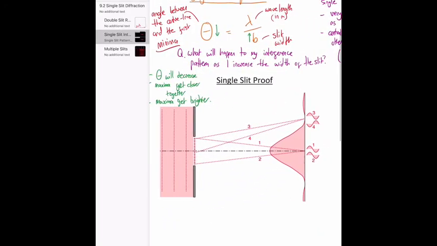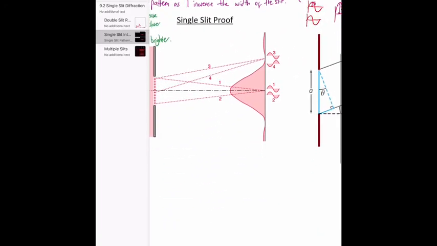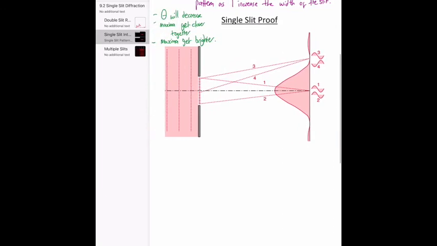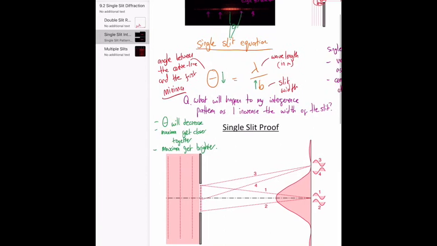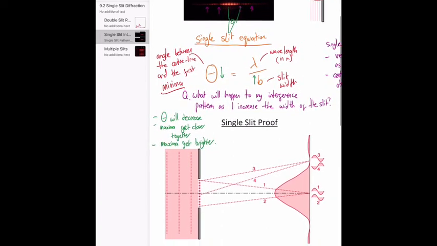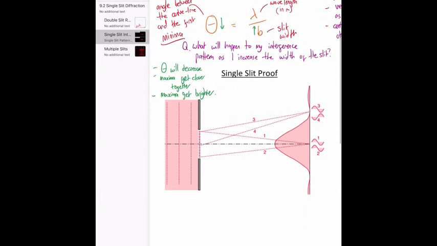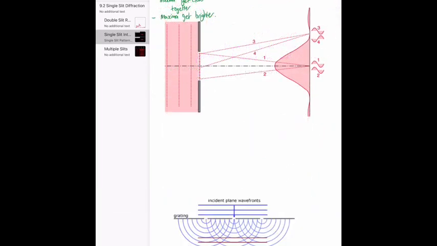Okay, so what I'd like to do now is just talk you through the proof behind this single slit equation. Now, it's a bit of an interesting one, so I'm going to take you through it bit by bit. Okay, so what we've got here is a zoomed-in version of our single slit pattern.